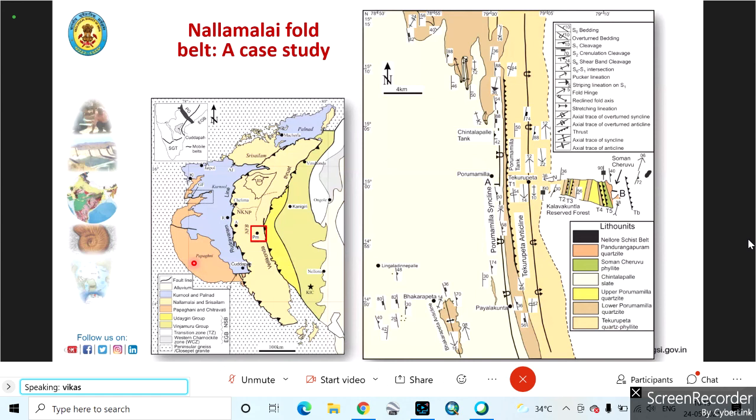Where it is written Papaghni, that is the dark yellow part in the curved part, that's about 2 giga annum in age. The Nallamalais are 1.5, and the Kurnools are considered to be Neoproterozoic. No exact date has been known for that, but they are understood to be Neoproterozoic. Some controversies are there, but leave it. They are the youngest at least.